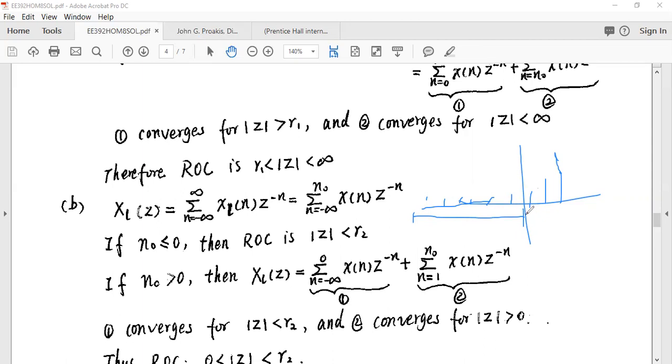But what is the region of convergence for this particular term from here till here? This sequence is a finite right-hand sequence. So we go back to the table that I showed you earlier.